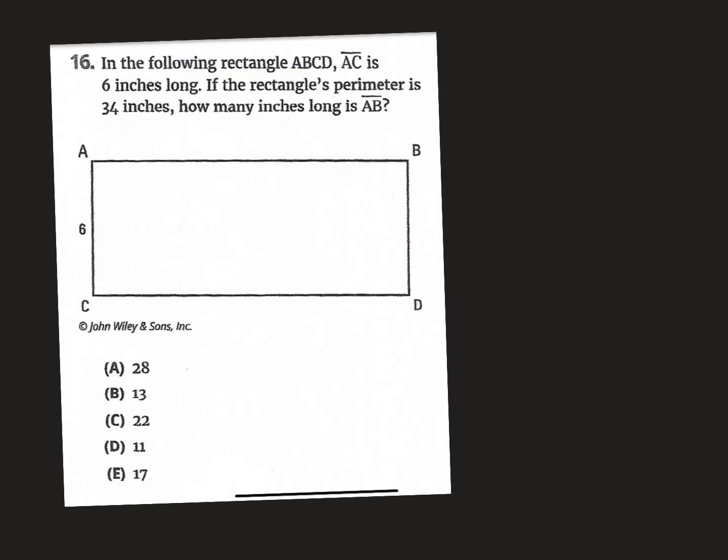We know that this figure is a rectangle, and if AC is 6, then we know BD is also 6. And if we know the perimeter is 34, we know that AC and BD, put them together, you get 12.